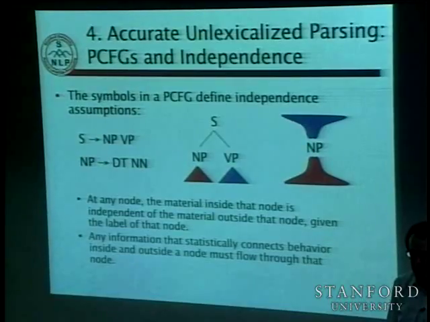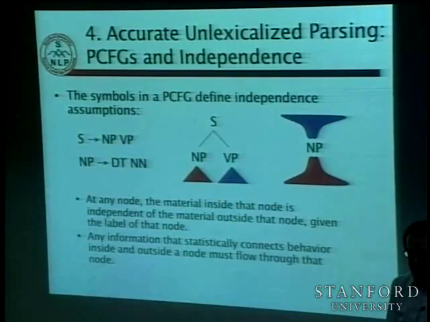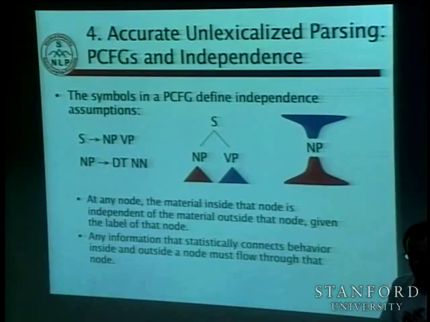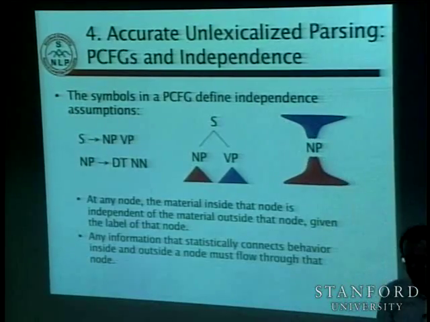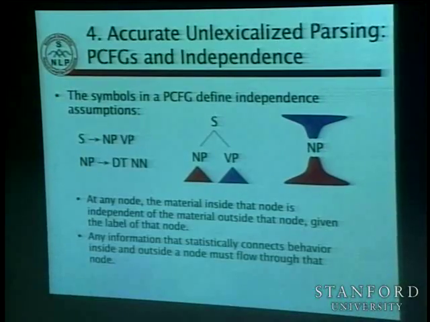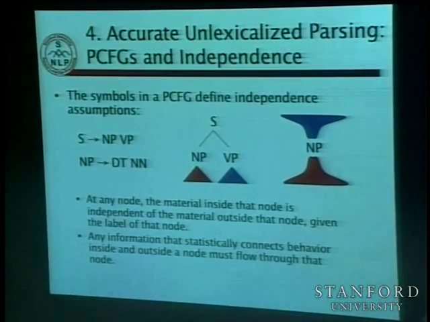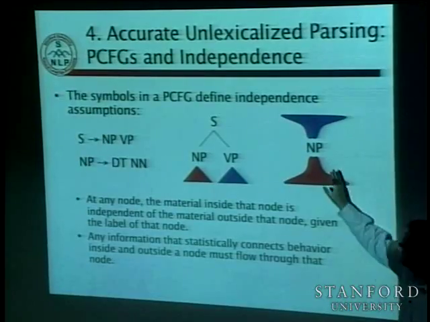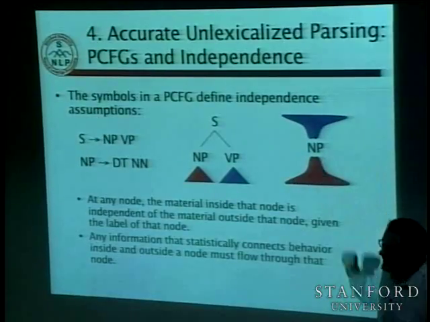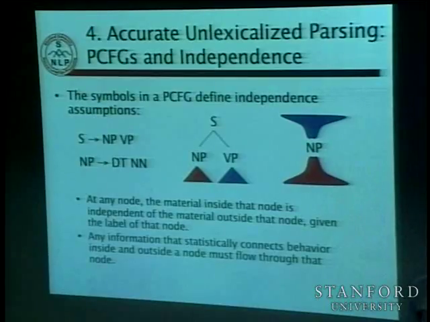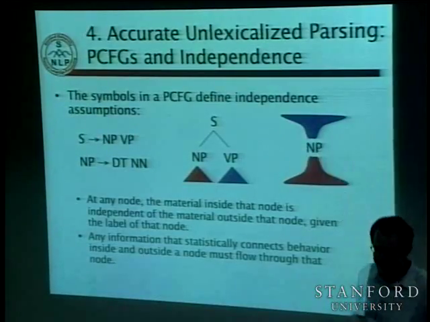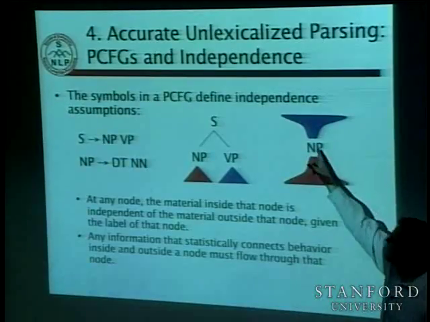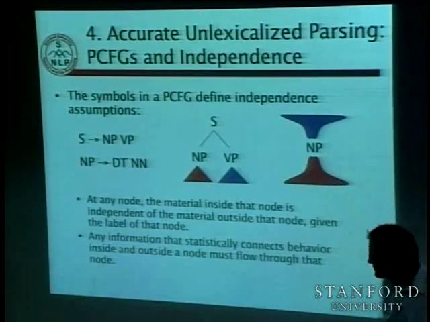We know that there are all sorts of dependencies of information in a sentence that connect across this boundary. I was illustrating some of them on the previous slide, motivating lexicalization. So things like PP attachment, coordination scope, where you wanted to know about stuff inside the noun phrase or inside a prepositional phrase to work out how likely the entire sentence was. And yet it's not represented in this category.